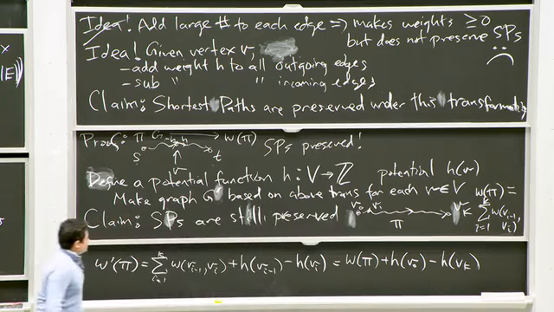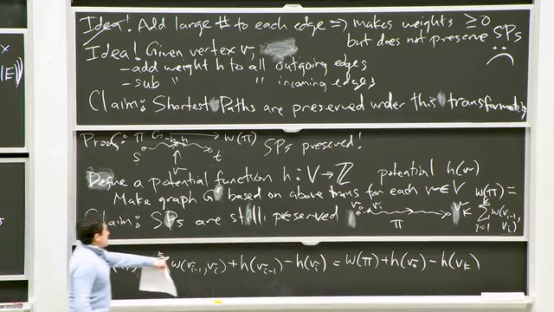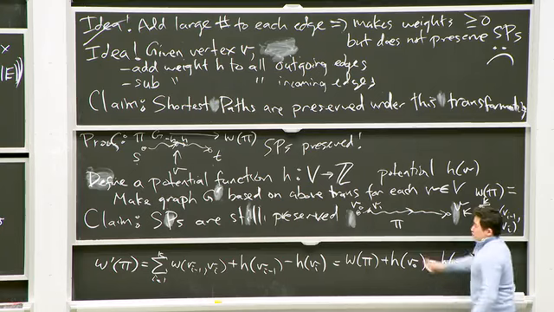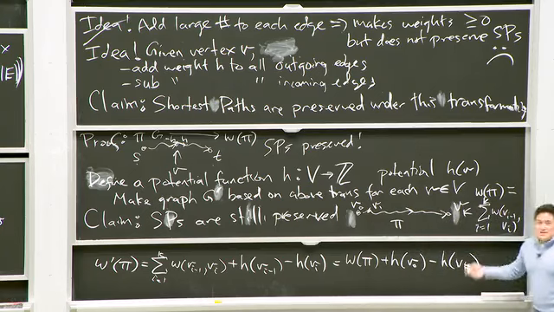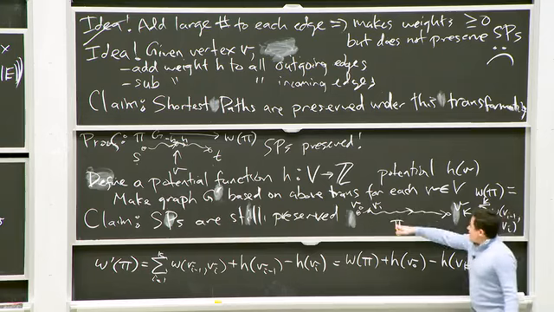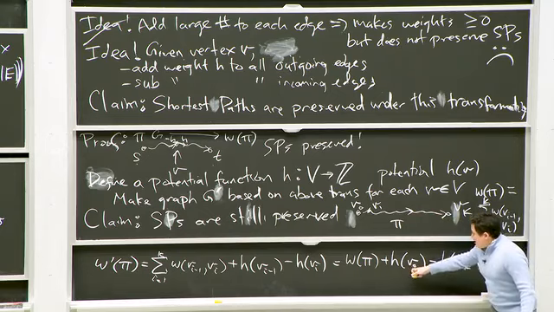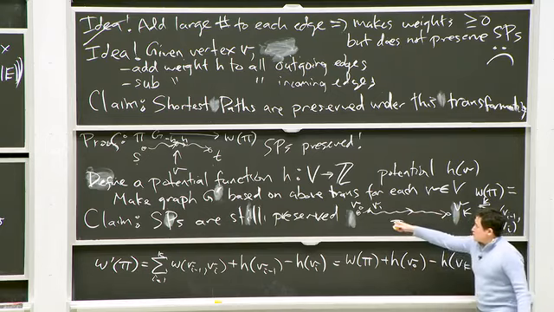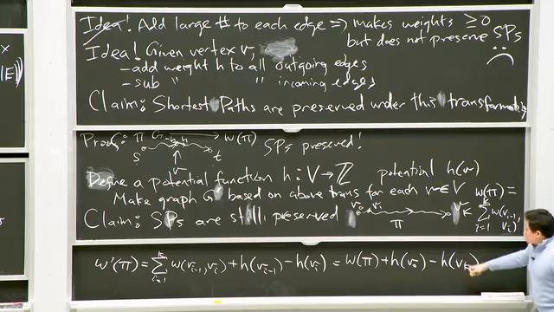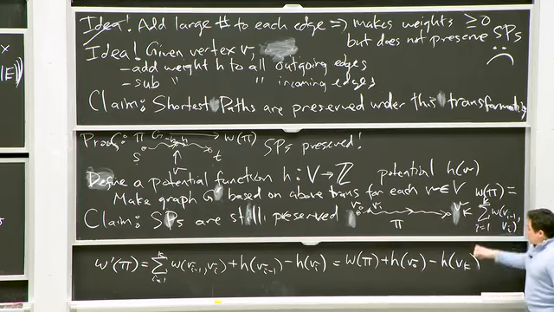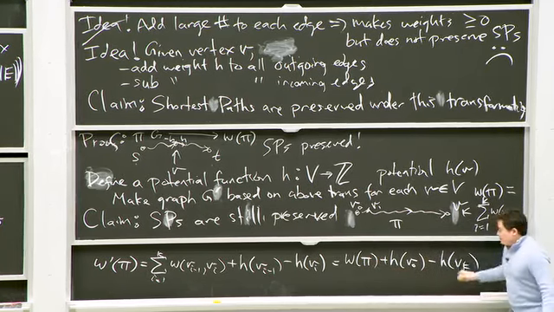And why is that good? Well, that's good because every path from V0 to Vk starts at V0 and ends at Vk. That's how we've defined paths going from V0 to Vk. But every such path, we transform the weight of that path by adding a constant associated with the start and subtracting a value associated with the end. And so every path going from V0 to Vk changes by the same amount, right?